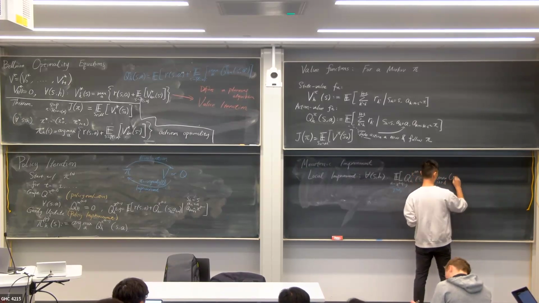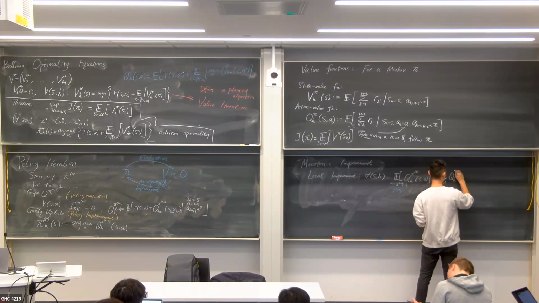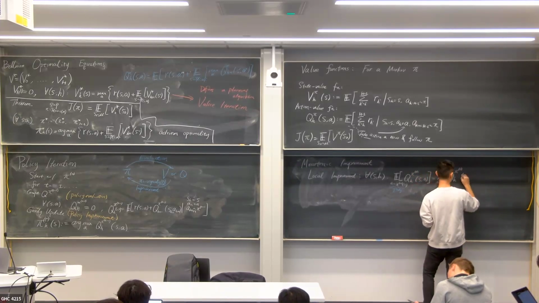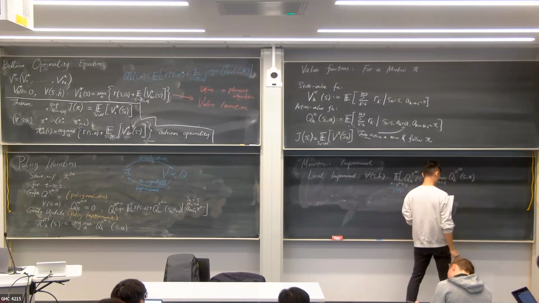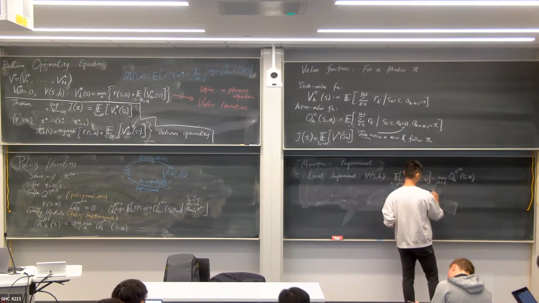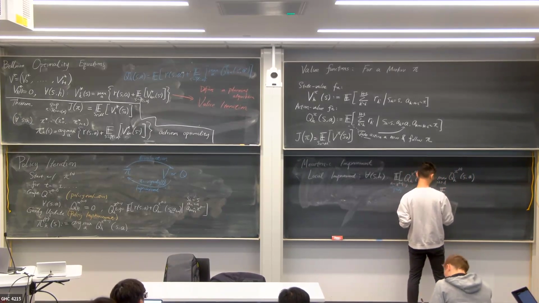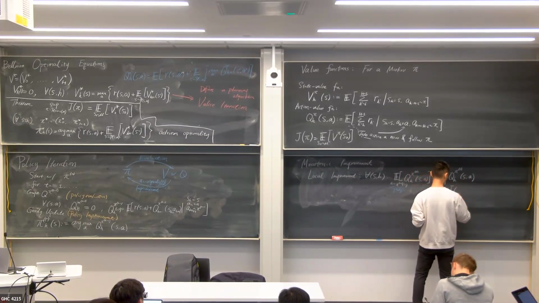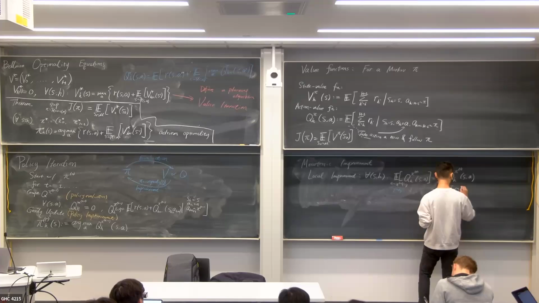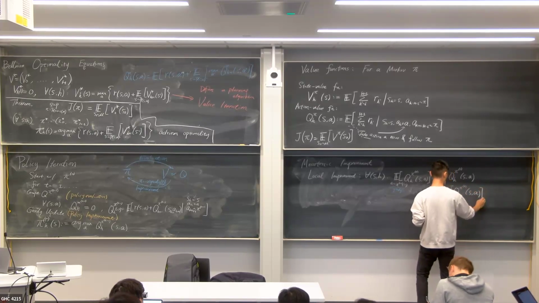This by definition is the maximum of these action value functions. And of course, this is only going to be bigger than whatever you get if you follow the same policy from now on. Okay?